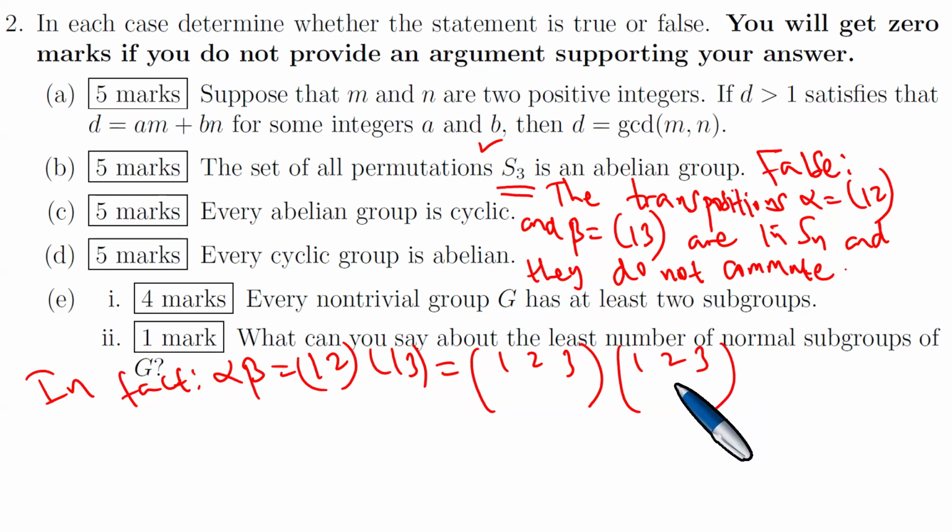I want us to write these differently. In the first permutation, 1 goes to 2, 2 goes to 1, and then you have 3. In this one, 1 goes to 3, 3 goes to 1, and then 2 goes to itself.